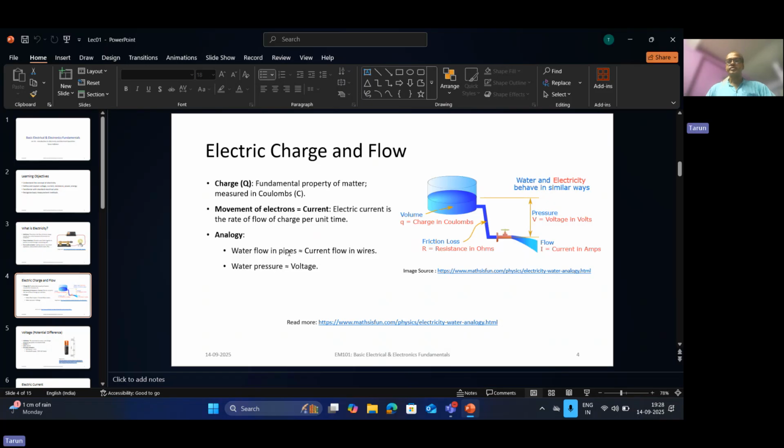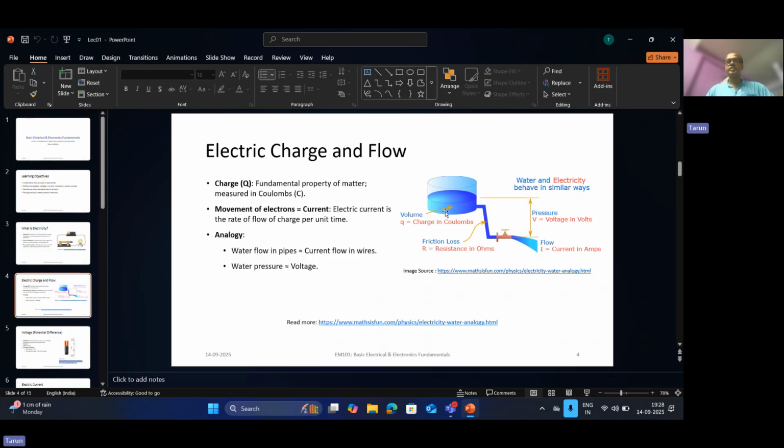Water flow in pipes can be considered as equivalent to current flow in wires, whereas water pressure is equivalent to voltage. The diagram depicts that water and electricity behave in similar ways.